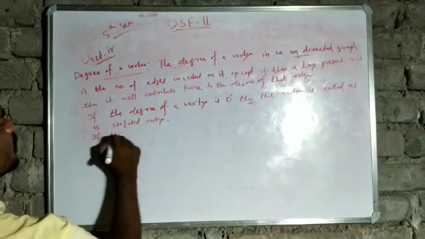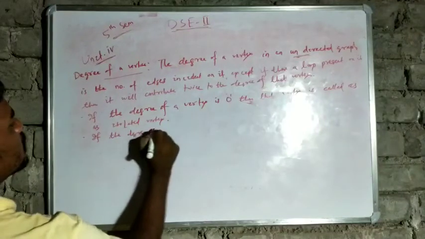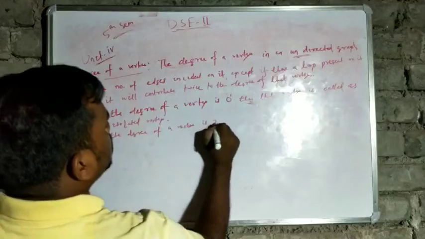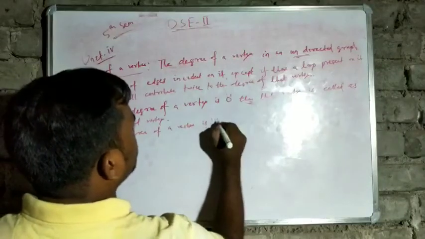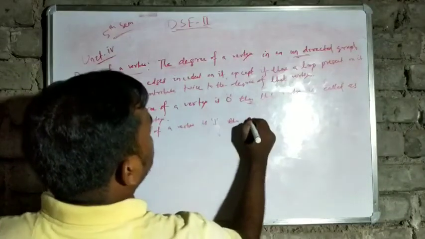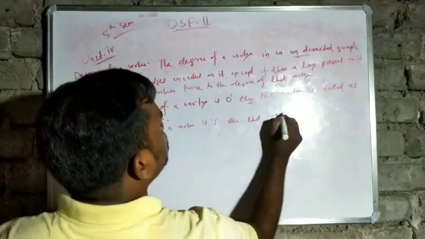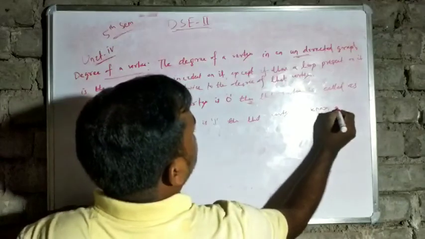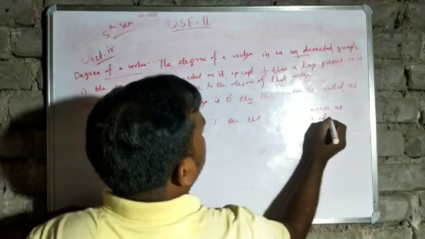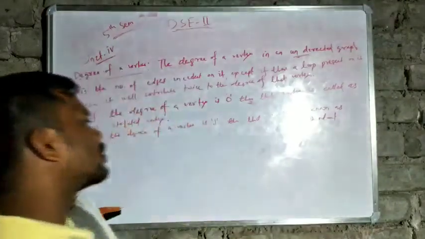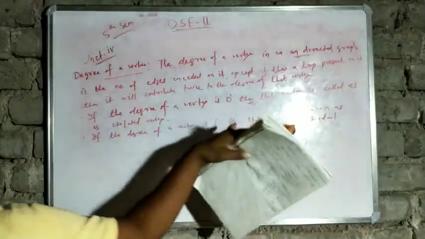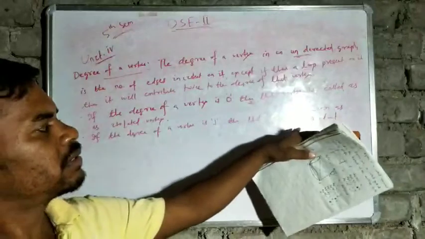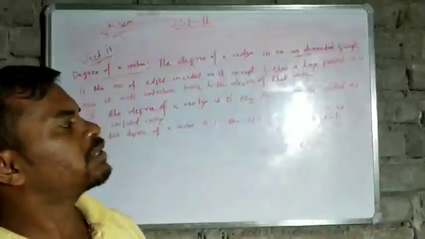Similarly, if the degree of a vertex is 1, then that vertex is known as a pendant. Okay, if the degree of a vertex is 0, then this is an isolated vertex. If the degree of a vertex is 1, this is known as a pendant.